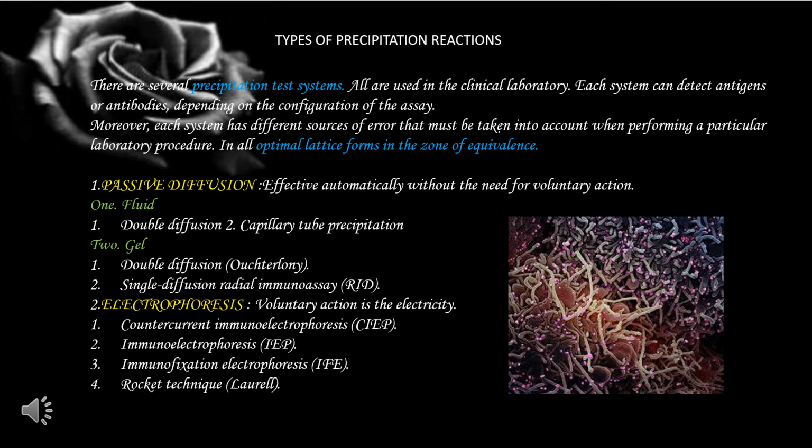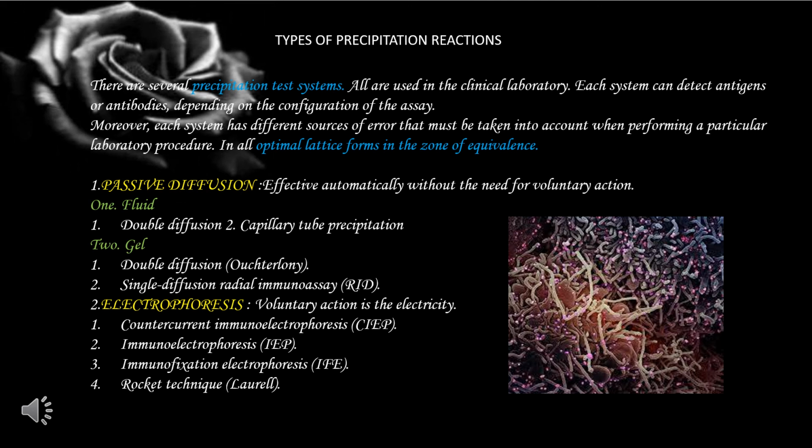It is based on two different concepts: one is passive diffusion and the other is electrophoresis. Looking into passive diffusion, it works automatically without the need of a voluntary reaction.